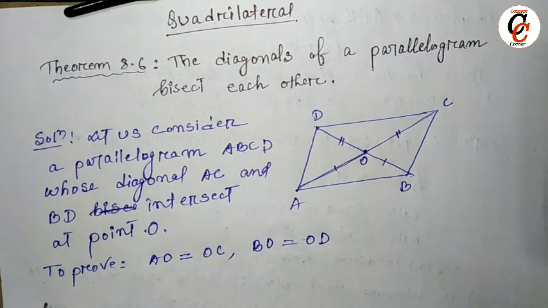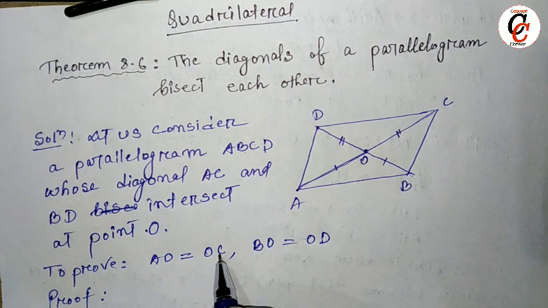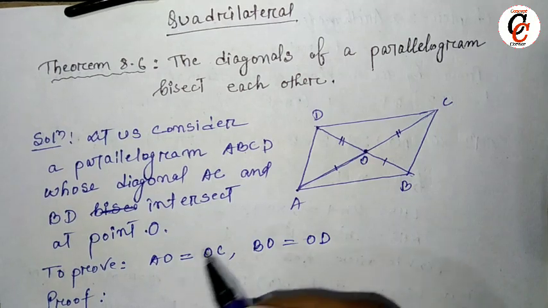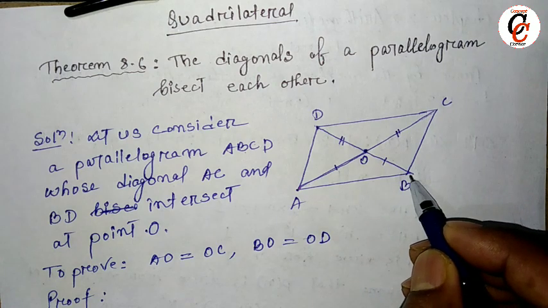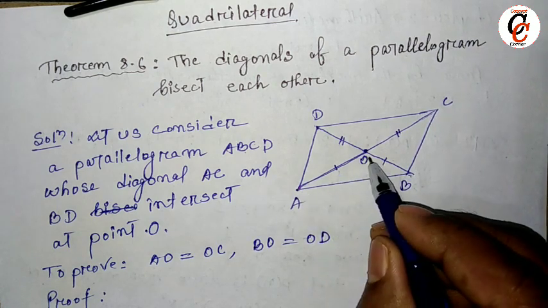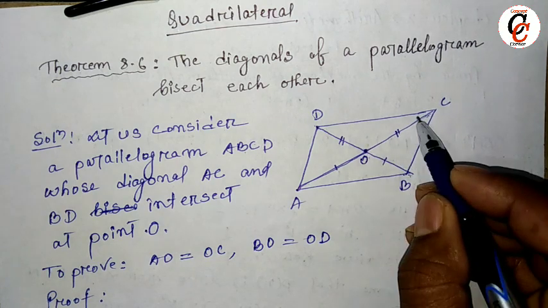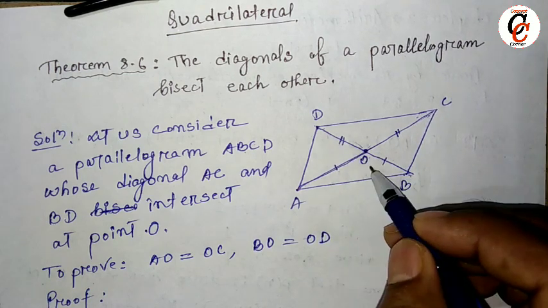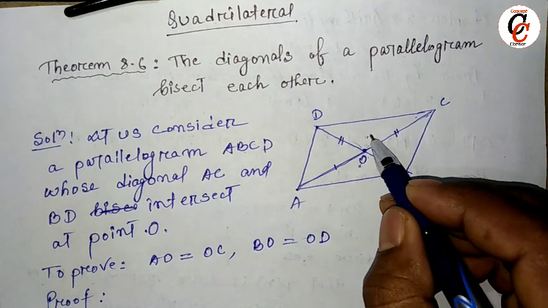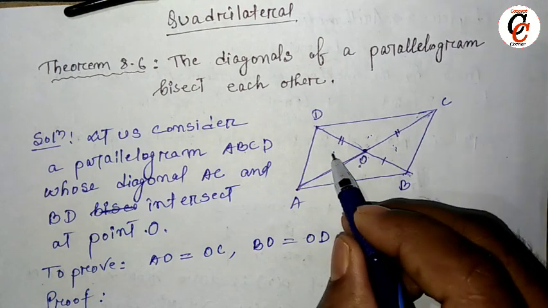So for that, when we prove it, we have to see in which triangles these sides are present. If we observe, AO and BO are present in triangle AOB, and CO or OC and OD are present in triangle COD.